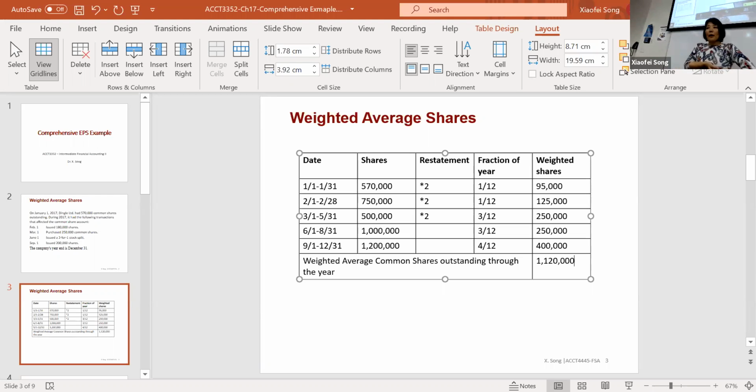For basic earnings per share, this will be the denominator.